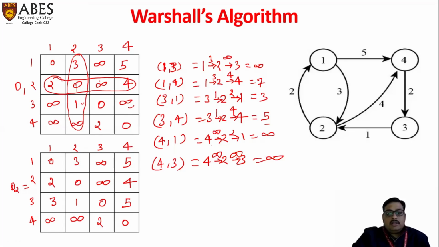Now we'll compute D3, which means 3 as the intermediate vertex. Now let us move to the next pass, that is D3.